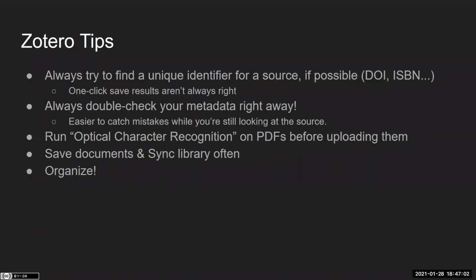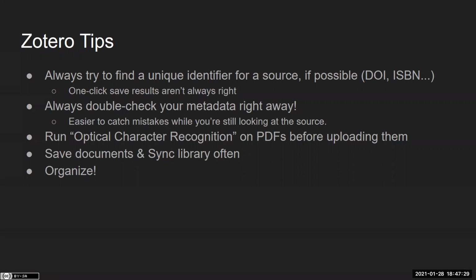A couple real quick tips, things that I've learned over the course of the many years that I've used this. If you're using Zotero, try and always get as close to the source as possible. So if you're finding a WordPress site that has a link to JSTOR that has to be logged into through the library's account or something like that, try not to cite directly from that WordPress.